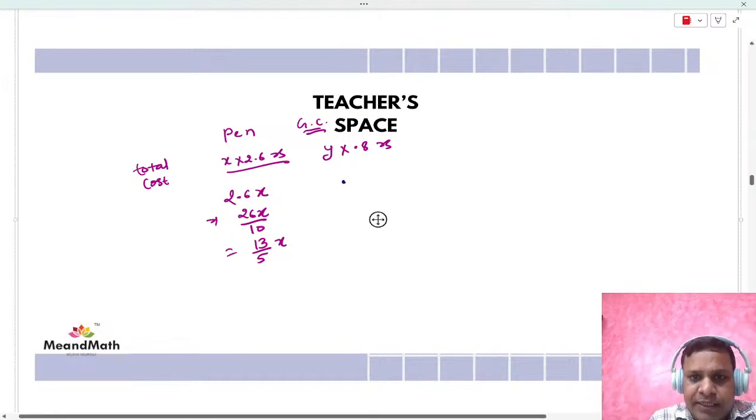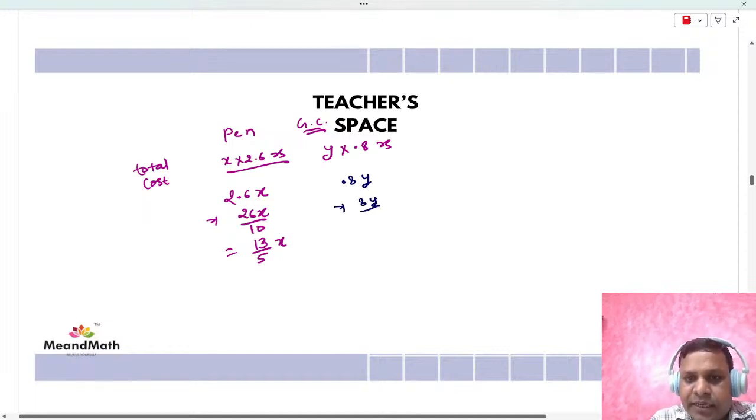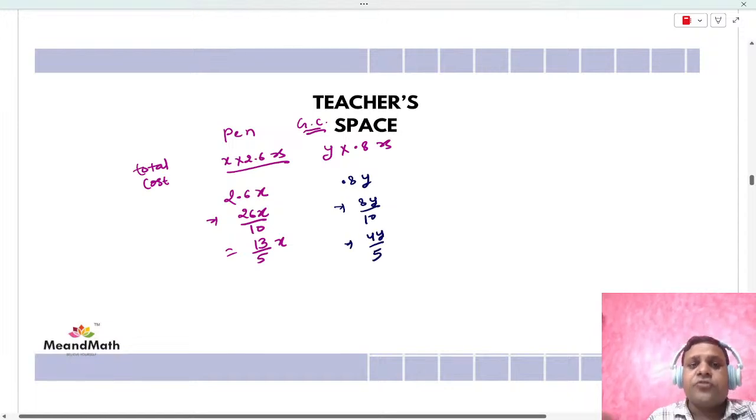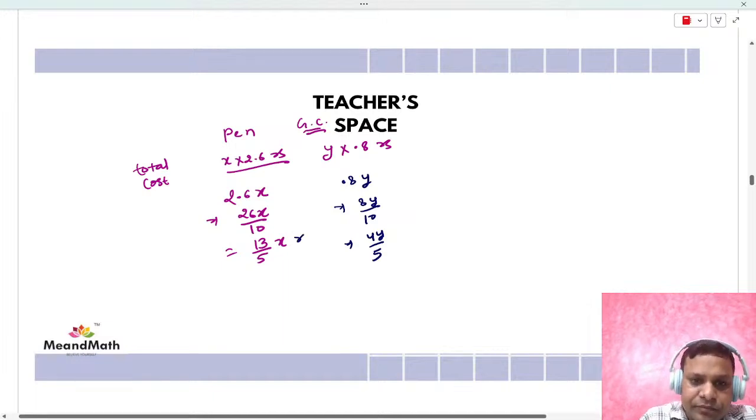This is 0.8y, which is equal to 8y upon 10, which is equal to 4y upon 5. So the total cost of pen is 13 upon 5 x rupees, and the total cost of greeting cards is 4y upon 5 rupees.